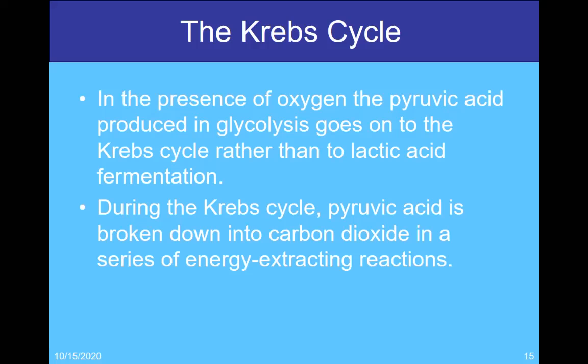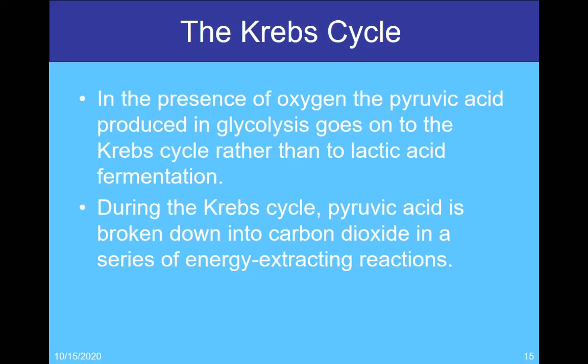During the Krebs cycle, pyruvic acid is broken down into carbon dioxide in a series of energy extracting reactions. Now, it's important to remember that when we're looking at energy storage in living systems, it's stored in the chemical bonds. We started out with glucose, which was a 6-carbon sugar. Okay, so we have all those different bonds. And then we break it in half to produce a 3-carbon sugar.